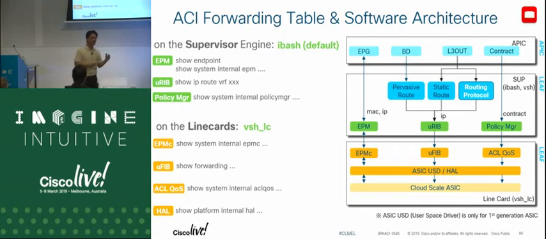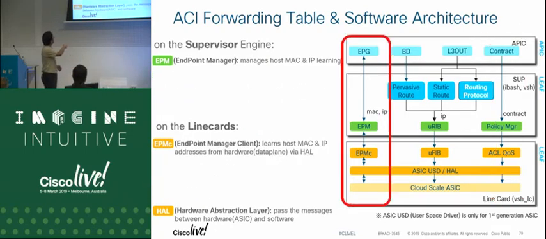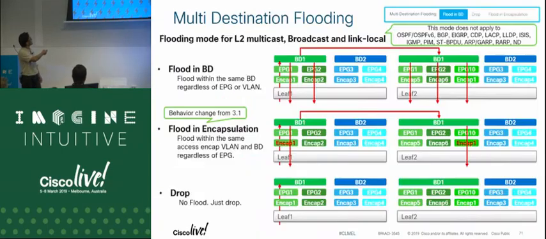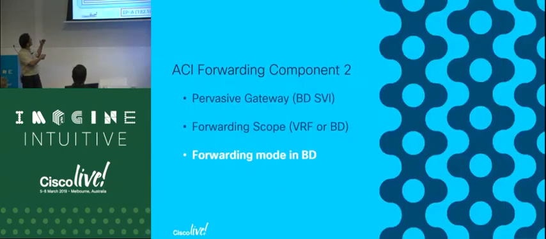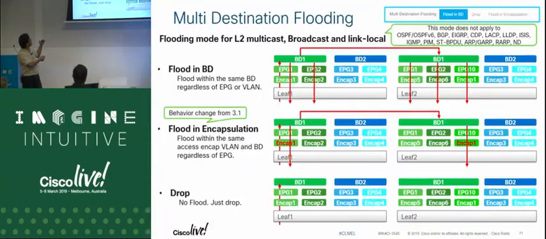But multi-destination flooding is either flood in bridge domain, flood in encapsulation, or drop. And when we have active standby firewalls in two different pods, those are typical scenarios. But there's no consideration regarding that scenario and this option.